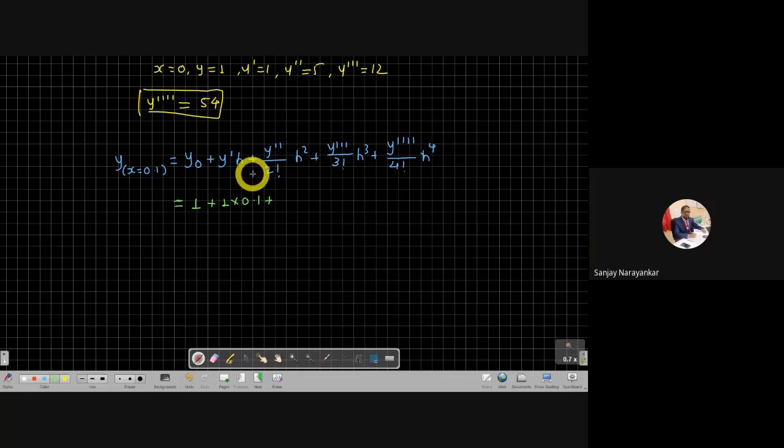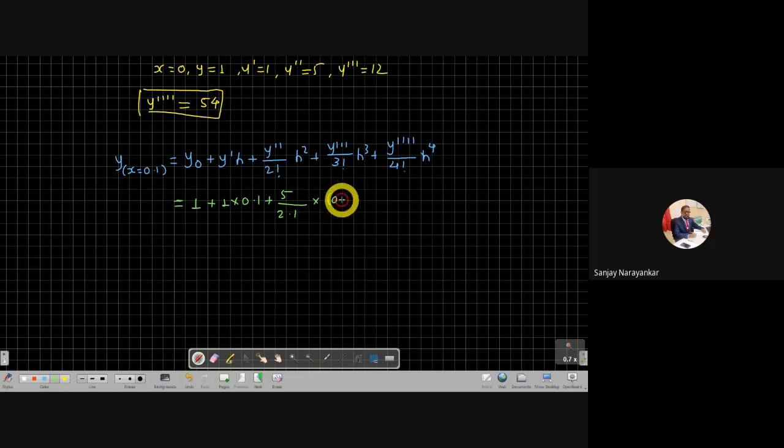generally h value is given, right? Here it is not given, but the initial value is known to us and the final value is known to us. So we can find the difference between them, right? And that difference is nothing but h for the Taylor series, if it is not given. Y double dash, what's the value of y double dash? Yes, 5. So 5 upon 2 factorial. What's the 2 factorial? 2 into 1, right?